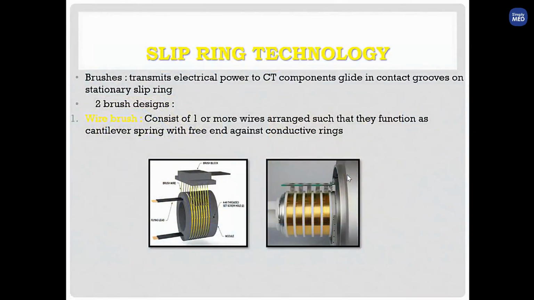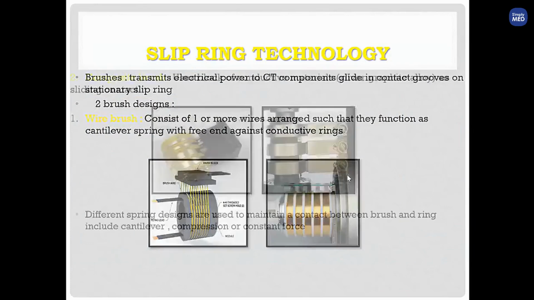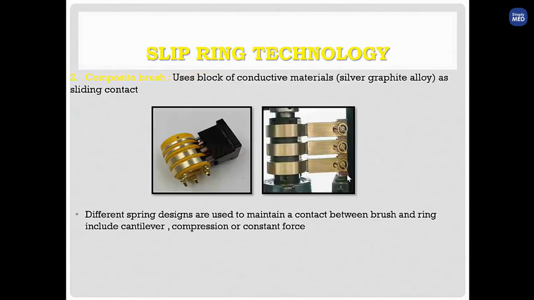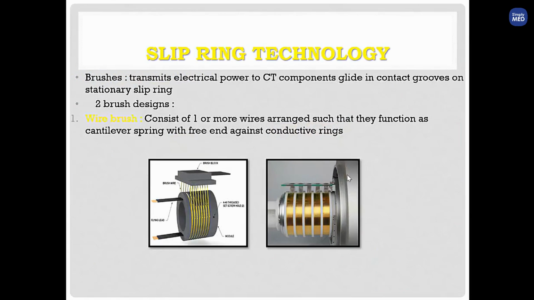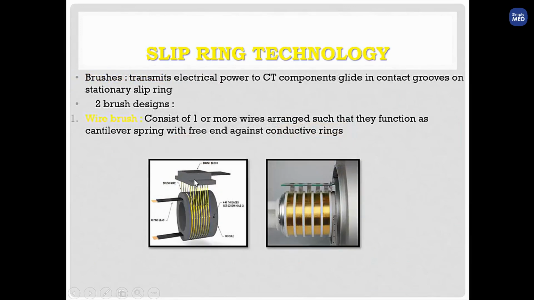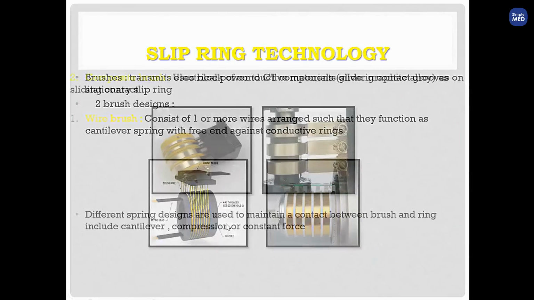In the slip ring we require brushes, and we have two brush designs: one is the wire brush and the other is the composite brush. In the wire brush there will be one or more wires within the brush block, arranged so that it rotates.